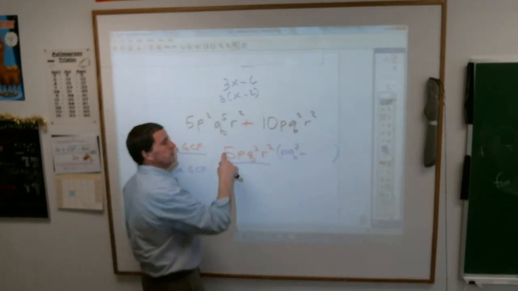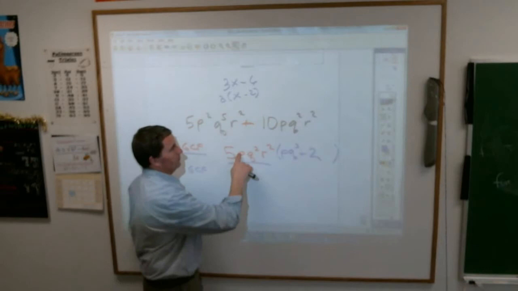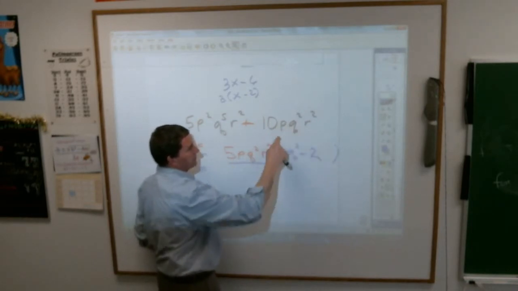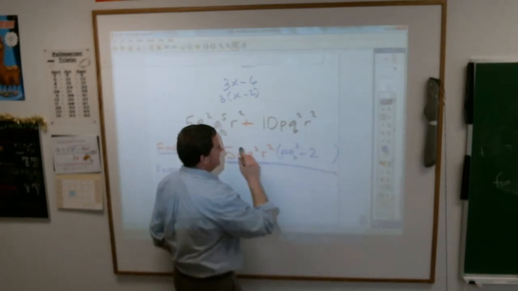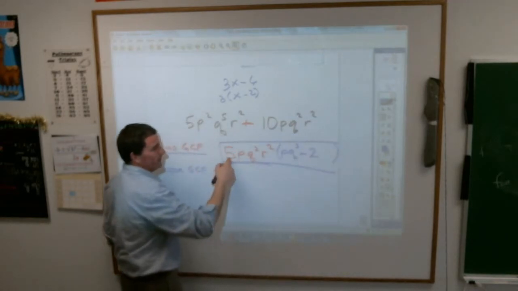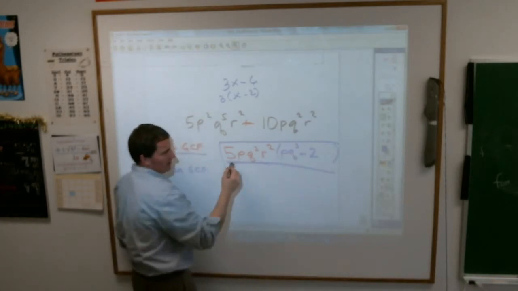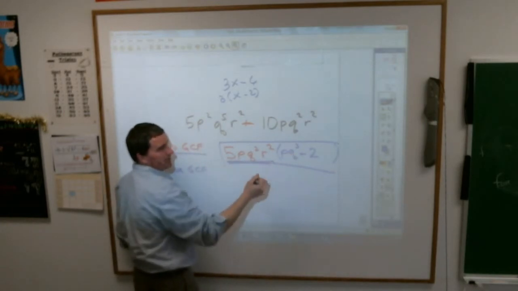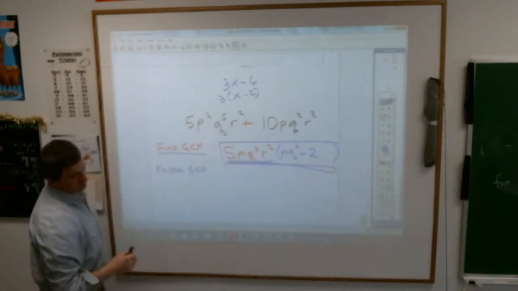For the second term, to go from 5 to 10, I have to multiply by 2. The p is already there, the q squared is already there, and the r squared is already there. This is taking the greatest common factor and factoring it out. This was finding the greatest common factor. This is factoring the greatest common factor.